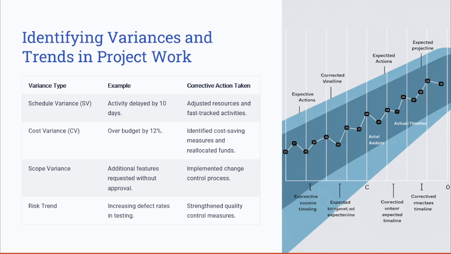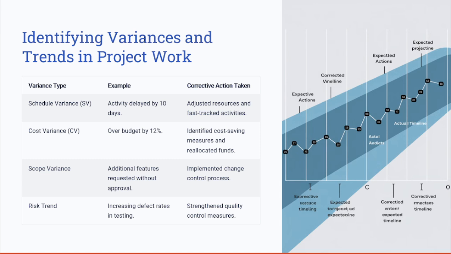Another variance we looked at is the cost variance, the CV. For example, your project is over budget by 12%. The corrective action you need to take as a project manager is identifying cost saving opportunities or measures to reallocate funds.